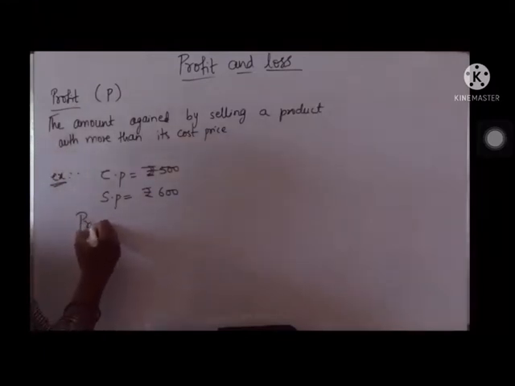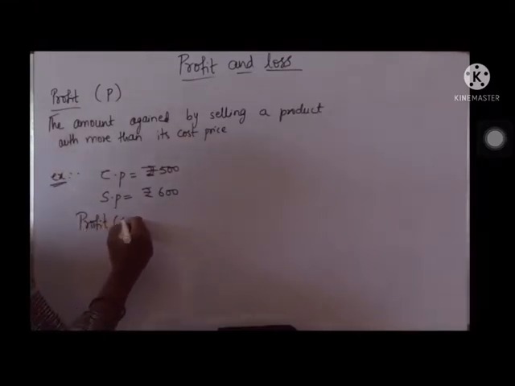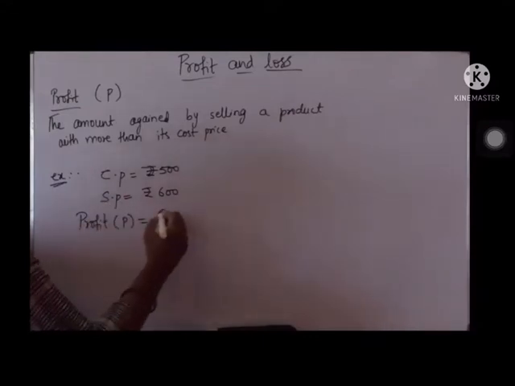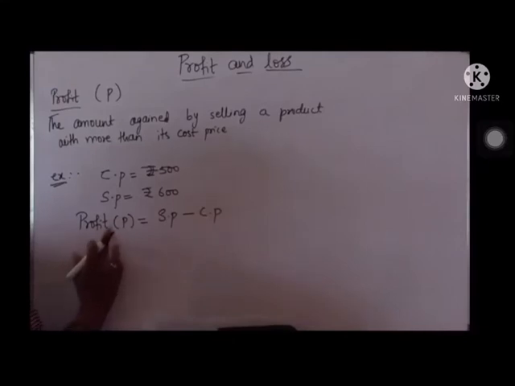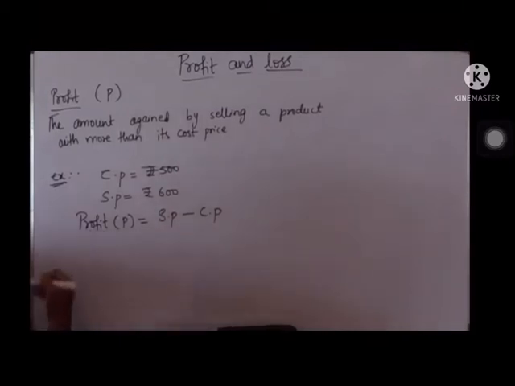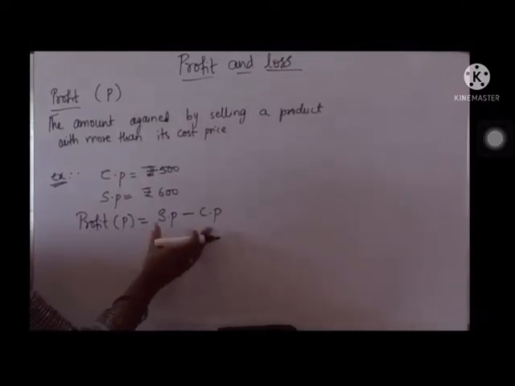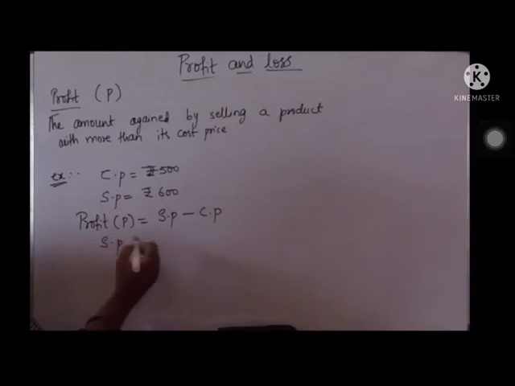The formula of profit is given as the difference between the selling price and the cost price. So profit is nothing but selling price minus cost price, right? Now you can write this with profit as the subject. Based on this formula you can make SP the subject, children.